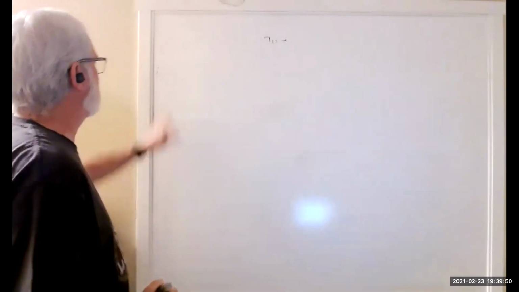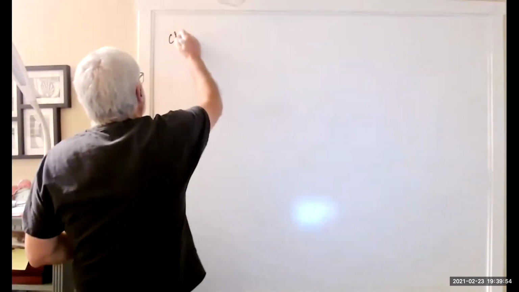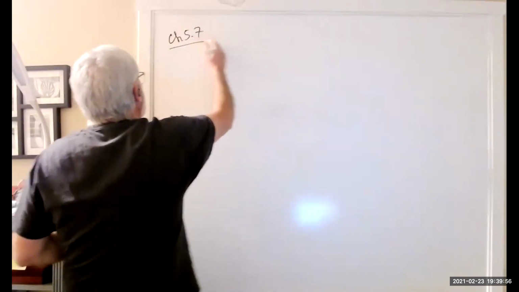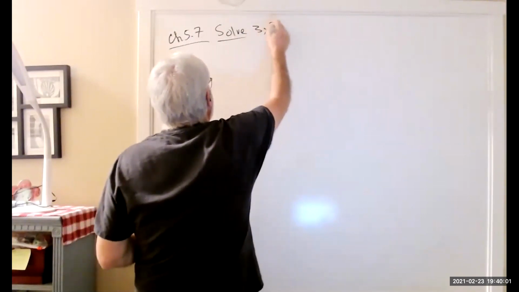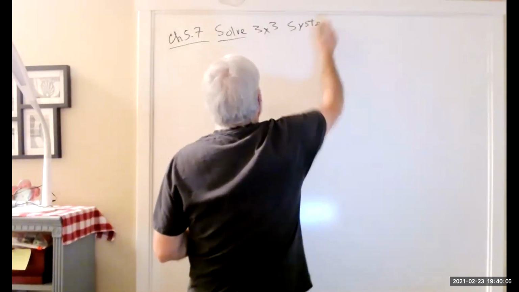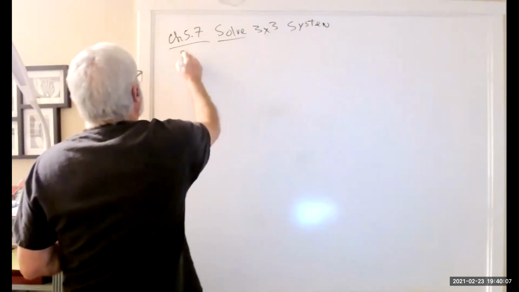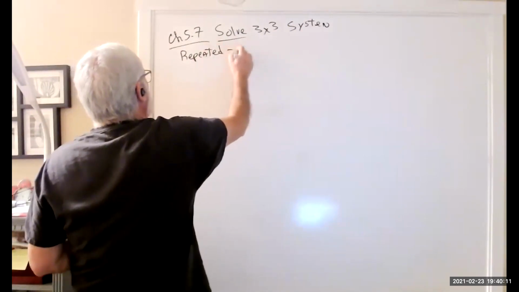I don't know if you had time to download that worksheet or not, but this is chapter 5.7. This is solving what's called a 3x3 system, and we use repeated elimination.